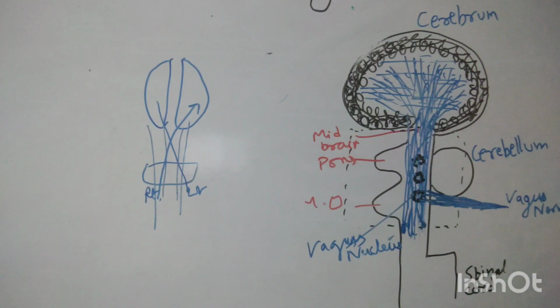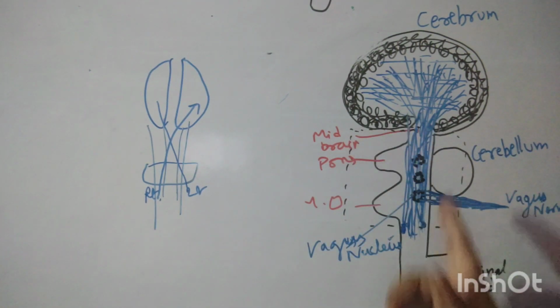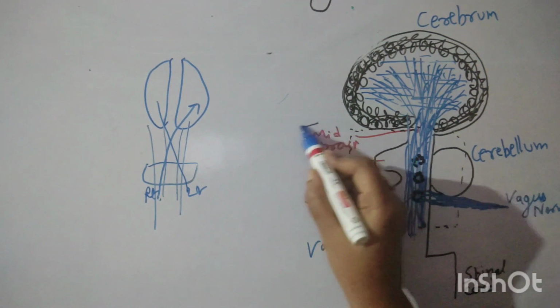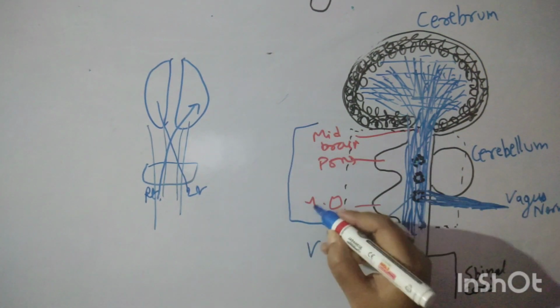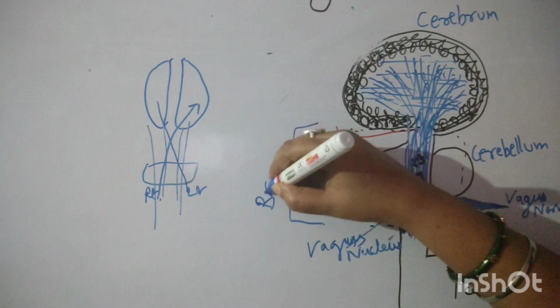First and second appear in the cerebrum. The rest of them, from 3rd to 12th, will be present in this brain stem. Together the midbrain, pons and medulla are called the brain stem.